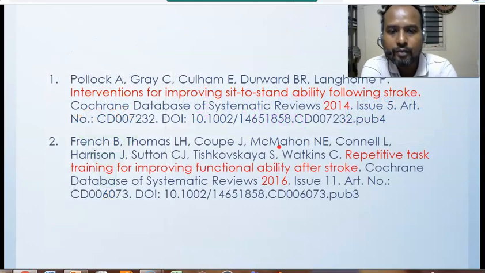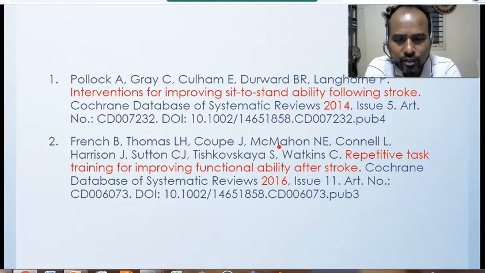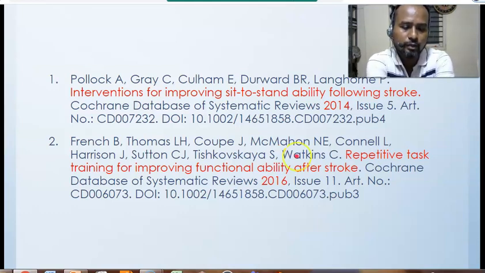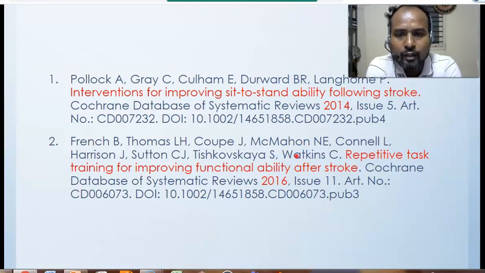Right. So when I searched, it was a fairly simple process. I just typed sit to stand and stroke, and exercise in stroke. I found these three major systematic reviews that are very close to answering my question.